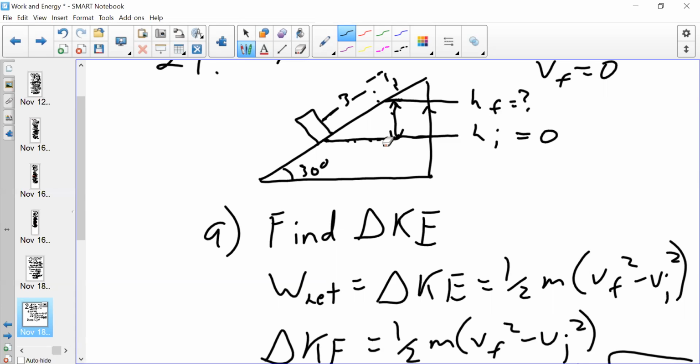So we know what h initial is. We need to get h final. How will we get h final? What do we have here? What kind of figure is this? It is a right triangle, and yes, 3 sine 30. But let's answer the first question first.